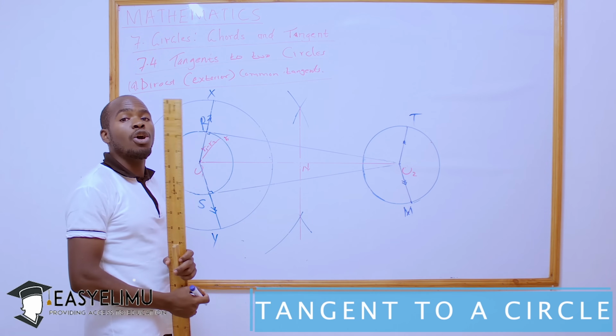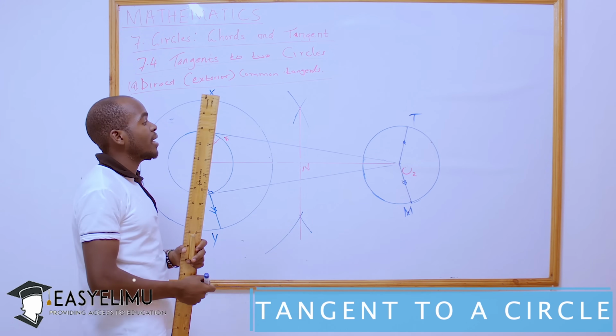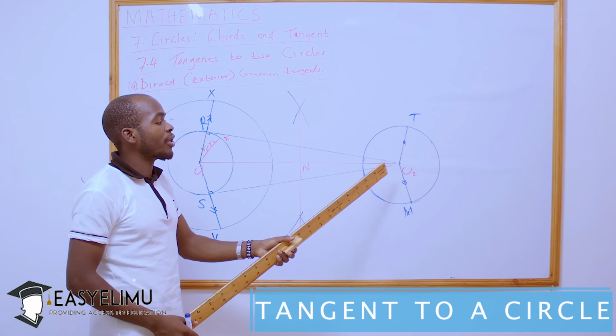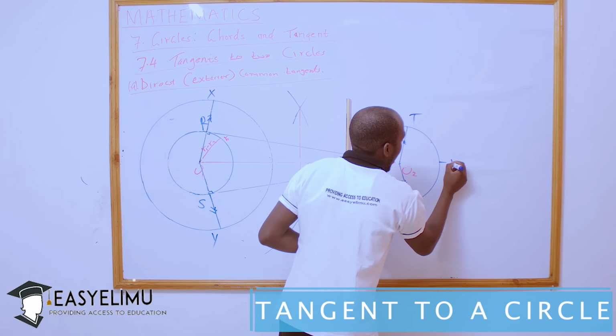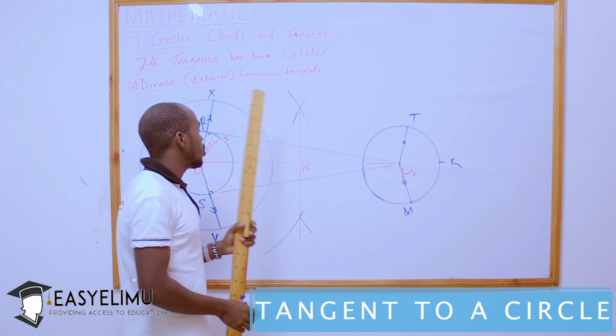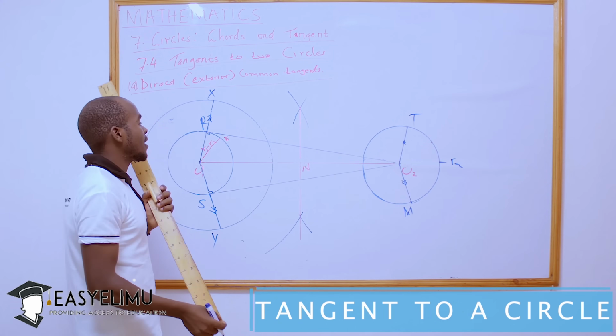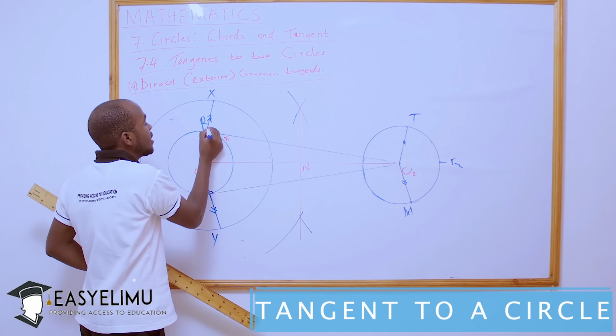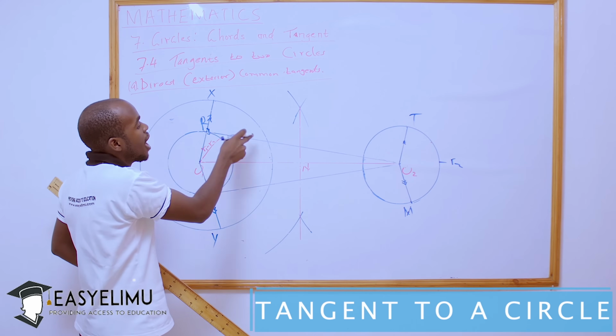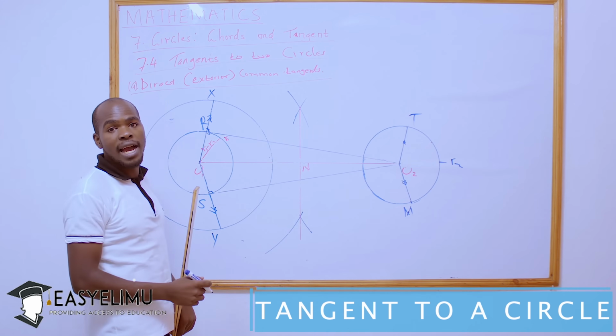After doing that, remember, I've told you in order to construct a parallel line or radius in that of circle R2, you need to take your ruler and a set square, slide it over this point here. Because this is 90 degrees, then a set square will help you to construct a parallel at the other side.